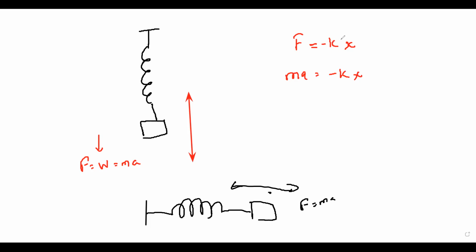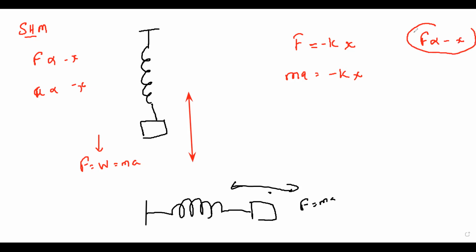And here, according to simple harmonic motion, what is a simple harmonic motion? A motion in which either force is directly proportional to displacement, or acceleration is directly proportional to displacement. So F is equal to minus kx, where k is a constant. Whenever we replace the equal sign with a constant, we replace it by the proportionality sign.